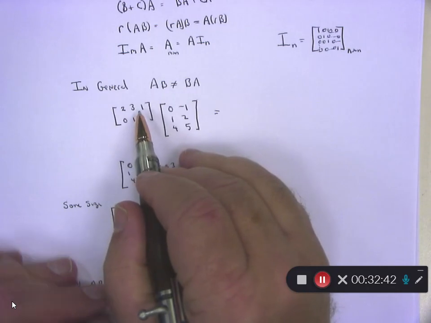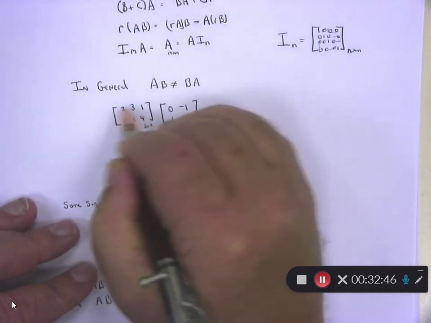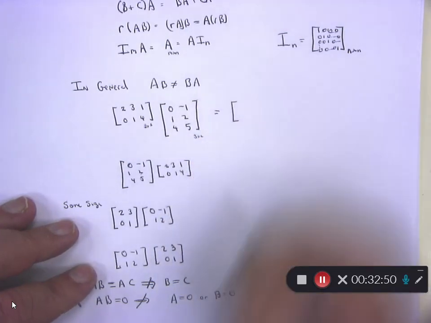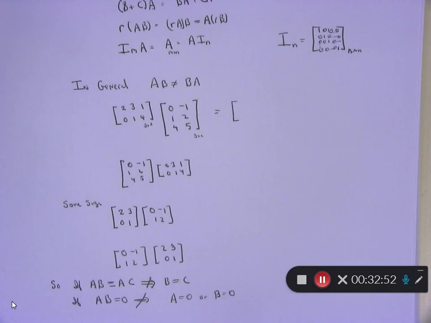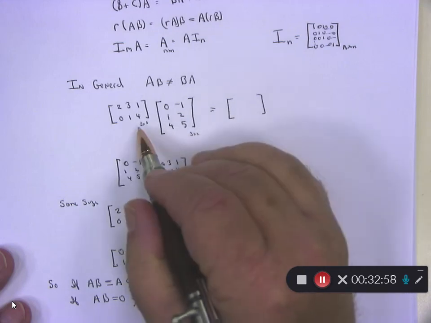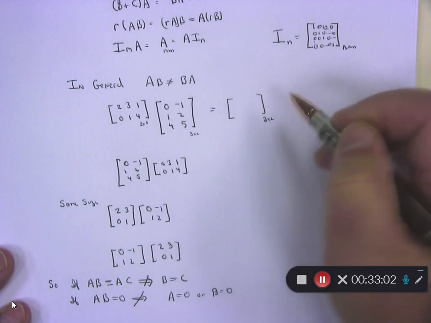This matrix right here is what? This one is a 2 by 3. 2 rows, 3 columns. This one is a 3 by 2. What is my answer to this guy? Just in general, what size would he be? 2 by 3 times a 3 by 2. What do you get? 2 by 2, all right?